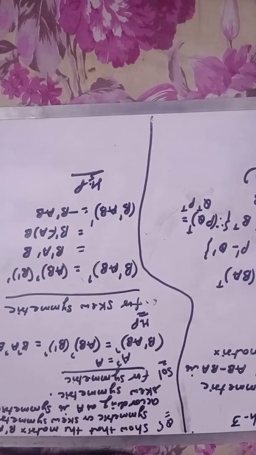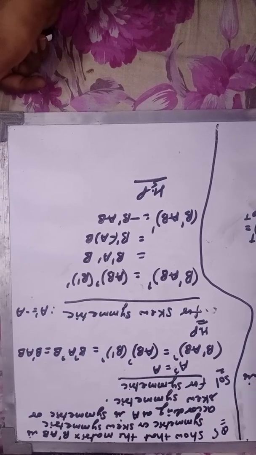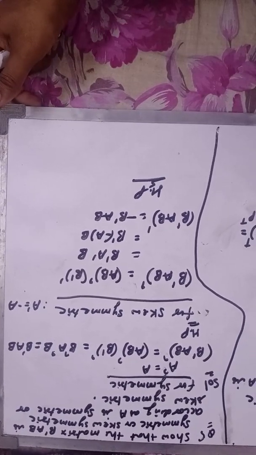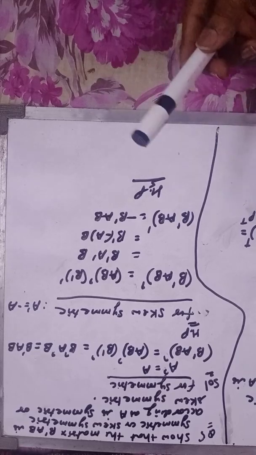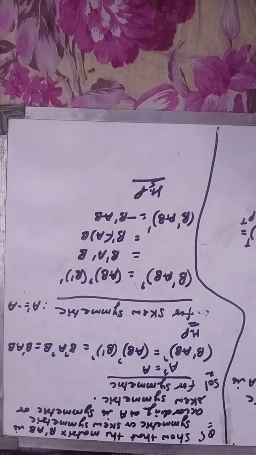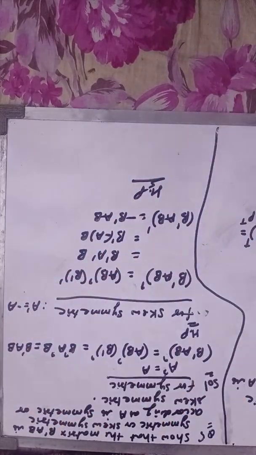Next is question number 5 of the same miscellaneous exercise. We have to show that the matrix B transpose AB is symmetric or skew symmetric according as A is symmetric or skew symmetric.